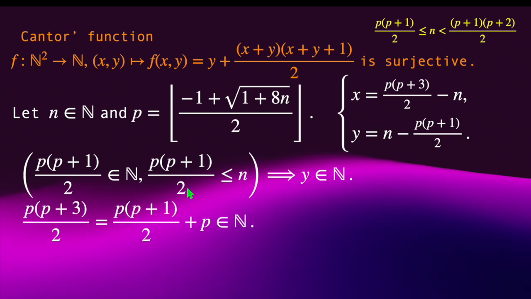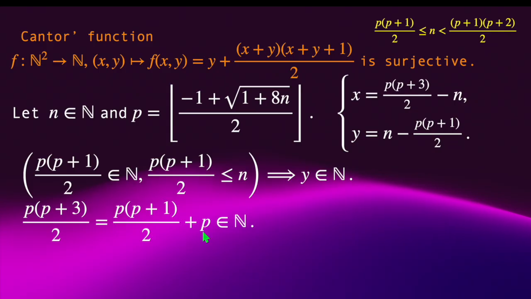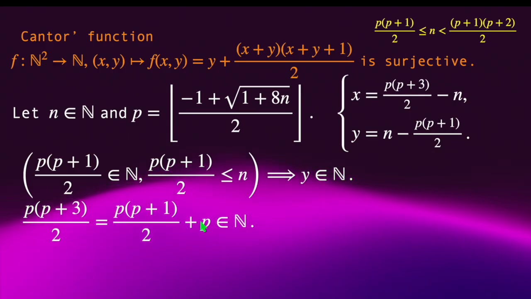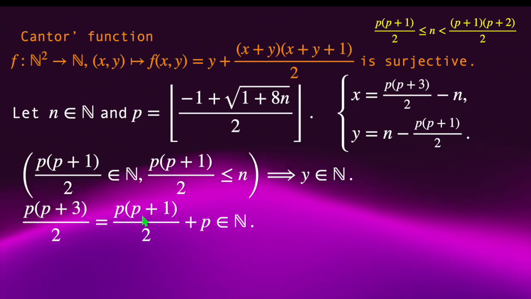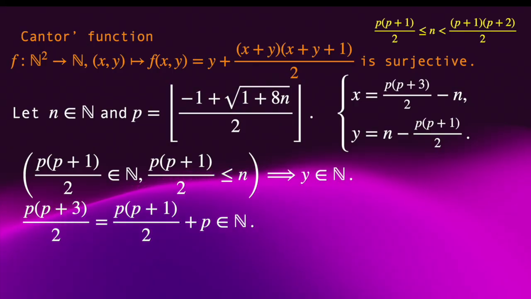Now we have also that (p plus 3) over 2 equals (p plus 1) over 2 plus 1. This is a natural number, so this quantity is a natural number. So x is also a natural number, and we need to show that x is actually positive.